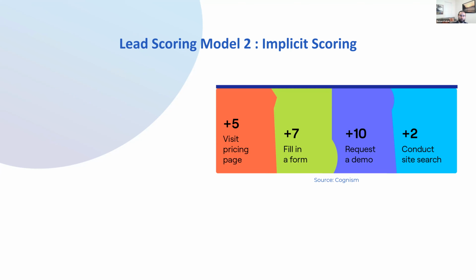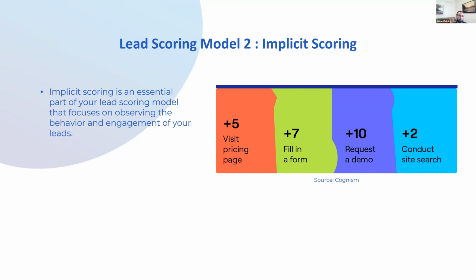All right. The second model is implicit scoring. What implicit scoring means is an actual activity or engagement that the person has taken in the course of learning about your product. These things could be filling out a form, visiting web pages, requesting a demo, starting a sign up.